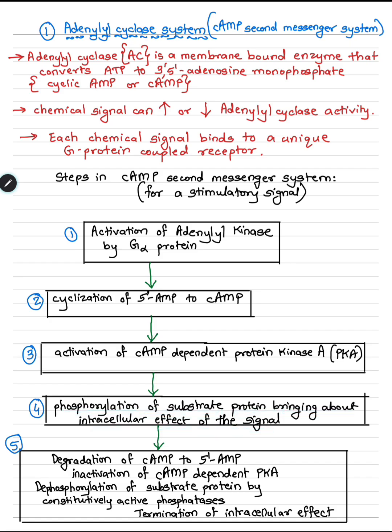And when it's time for the signal to stop, there is degradation of cyclic AMP by phosphodiesterase, which causes inactivation of cyclic AMP dependent protein kinase A. Then there is dephosphorylation of substrate protein by constitutively active phosphatases, and termination of the intracellular signal. We'll understand this in the next diagram as well.